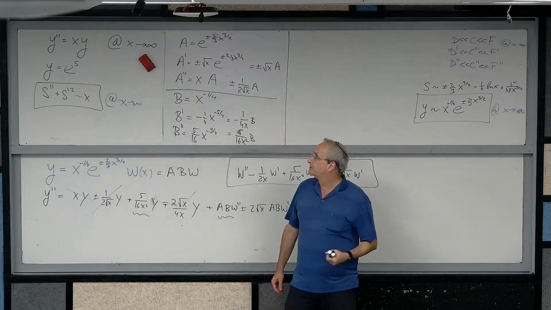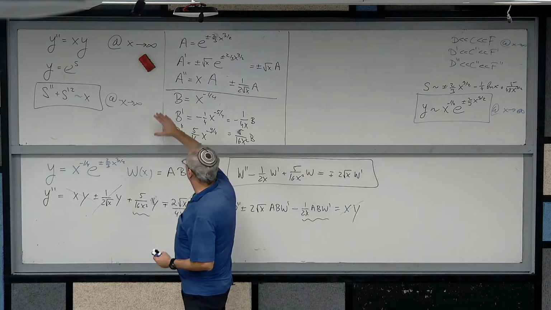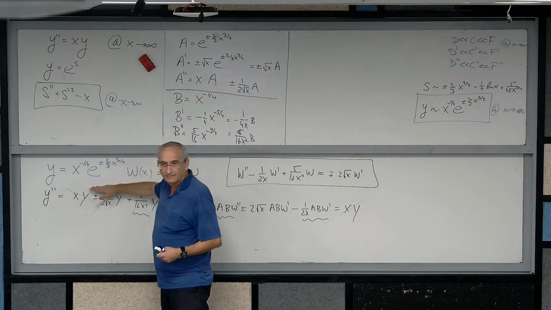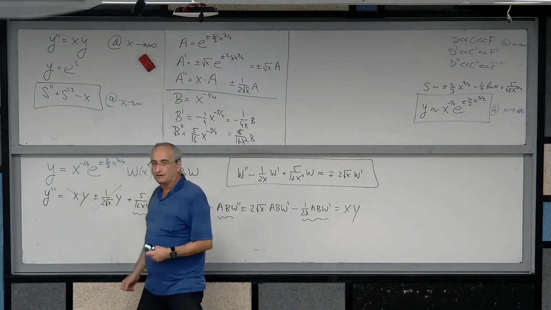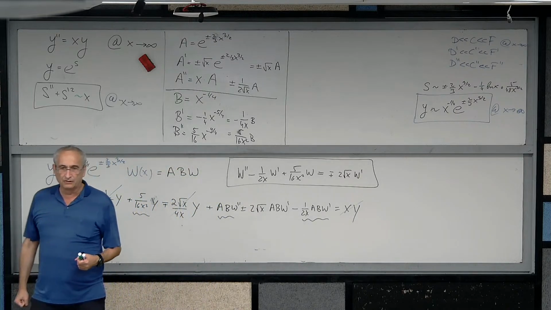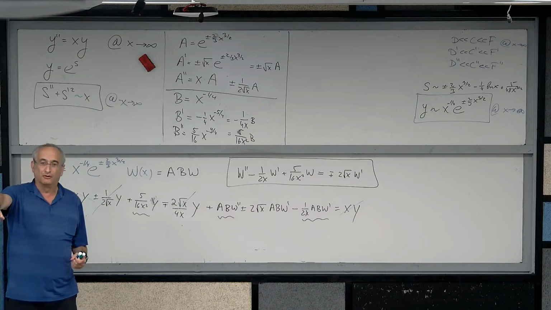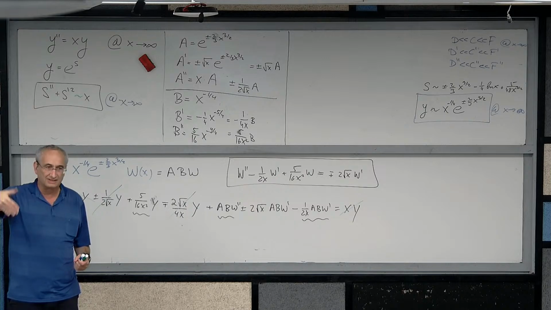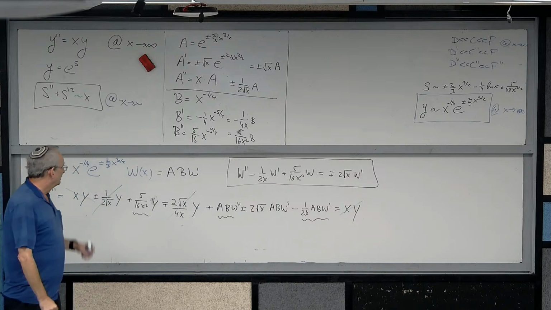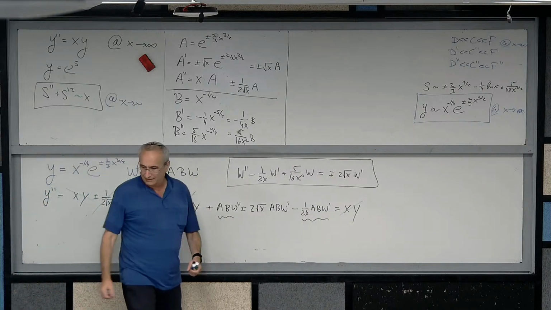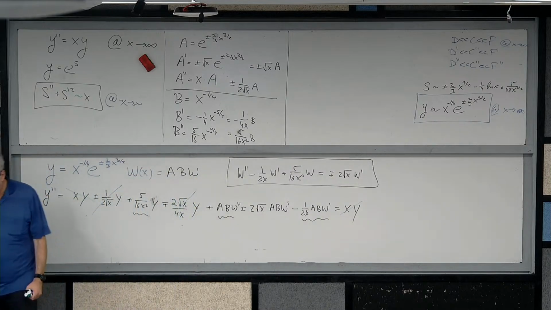Still it is good, because by trimming the most diverging terms, we expect now that all the terms of W will go to 0, maybe in a peculiar manner, but they will go to 0 as x goes to infinity. Are you hoping that they will go to 0 in that way?